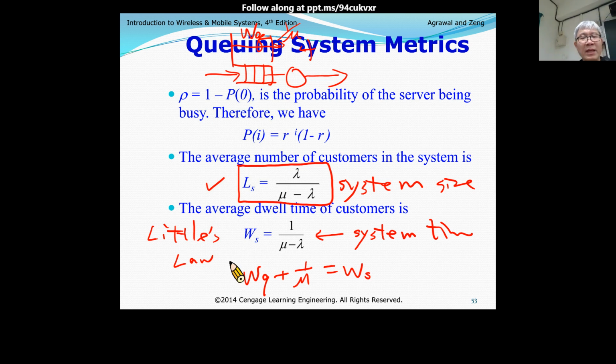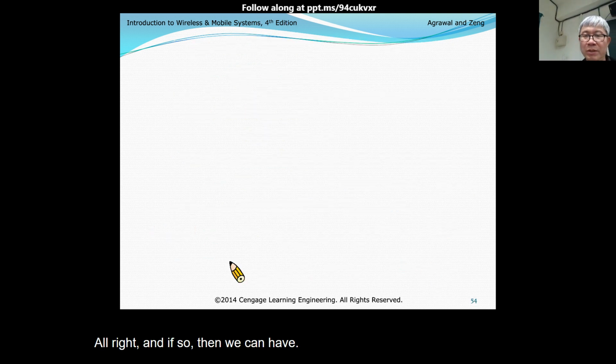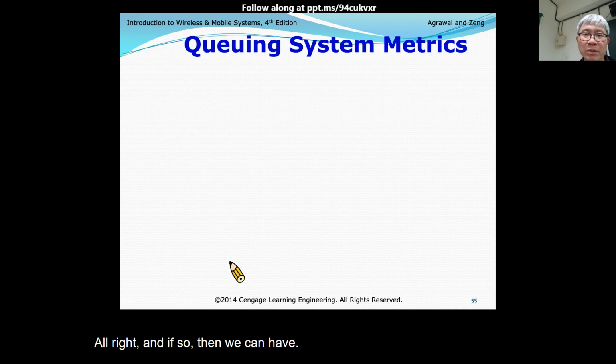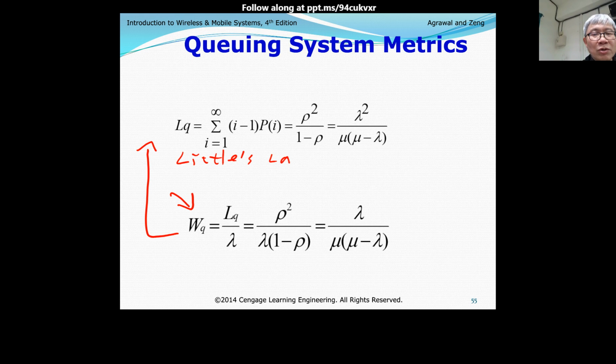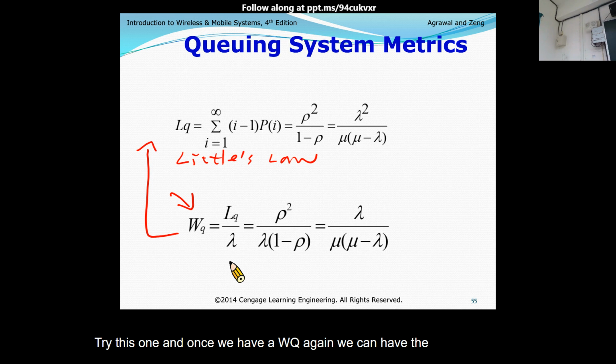All right, and if so, then we can have WQ, this one. And once we have WQ, again we can have Little's law. I do not follow the usual way to derive the full performance measures.